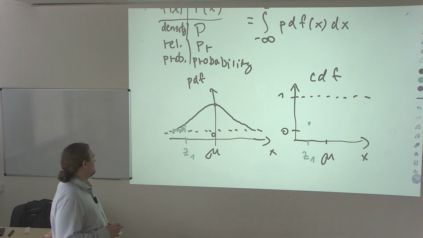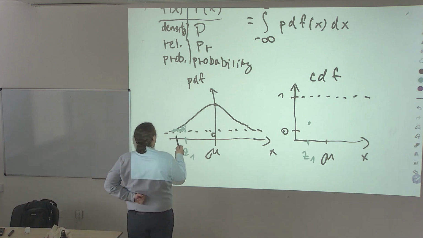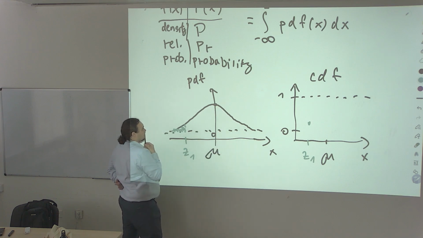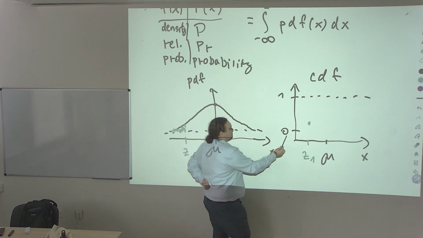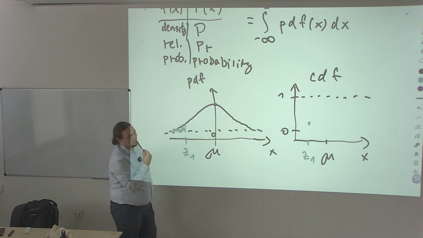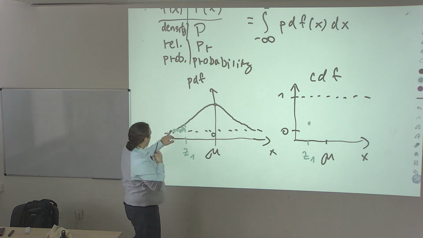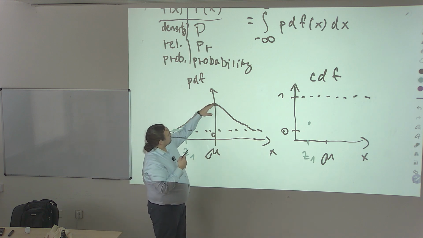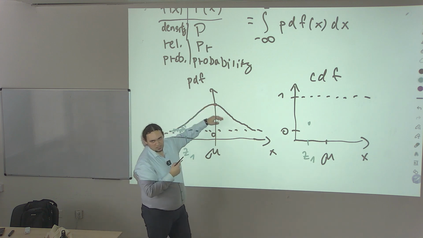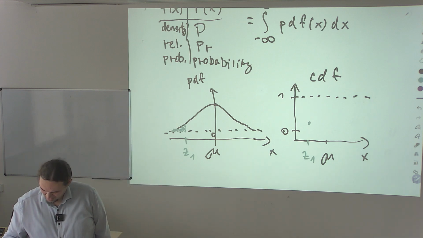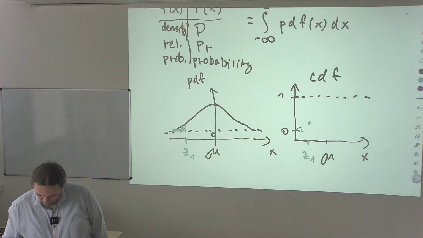And good. So if I'm plotting the integral, then this curve is a derivative of that curve. First we have the small slopes. The slopes increase. We get the maximum slope here, which means we get what?